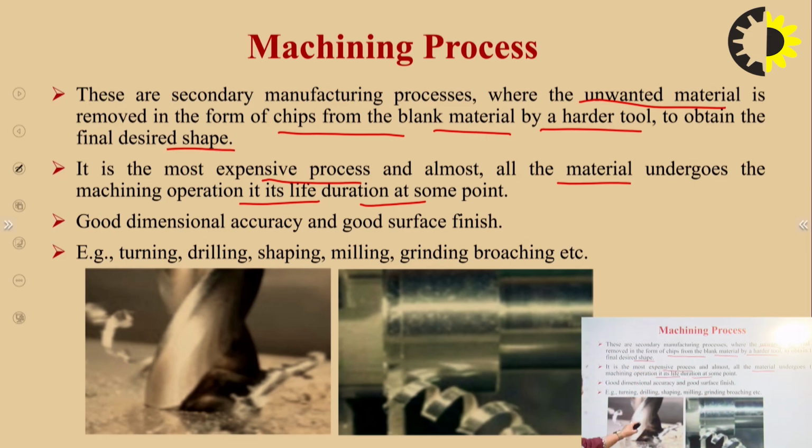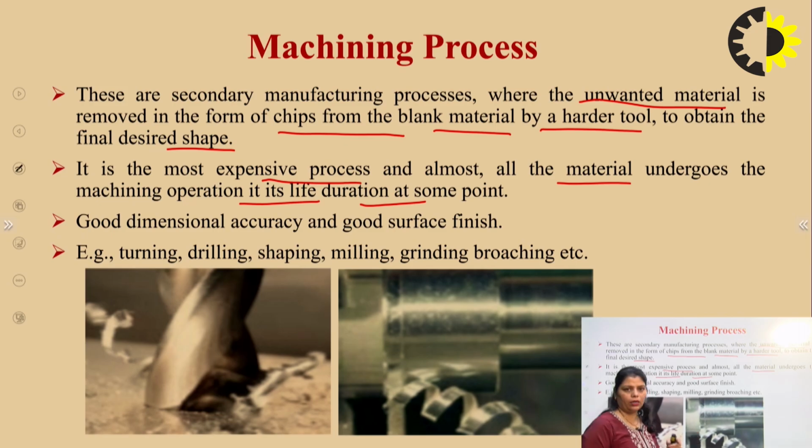In these two diagrams you can see we are using a drill bit in the first diagram, in which we are drilling a hole, and you can see the curls, which are the chips, the undesired material, removed in the form of chips. In the second diagram we can see the turning operation.